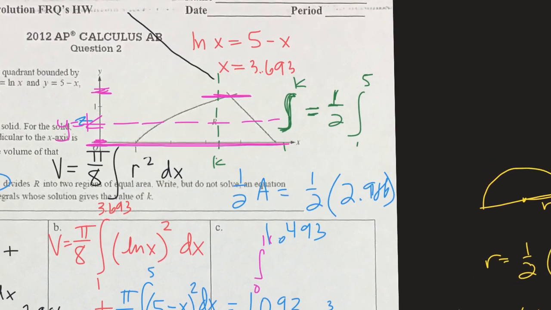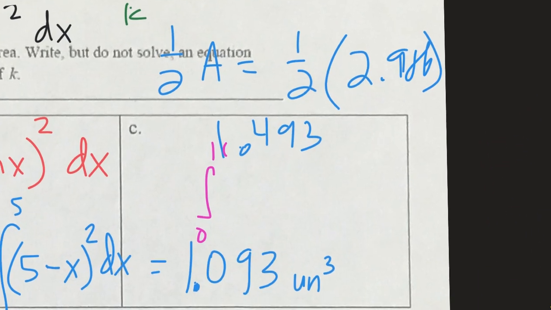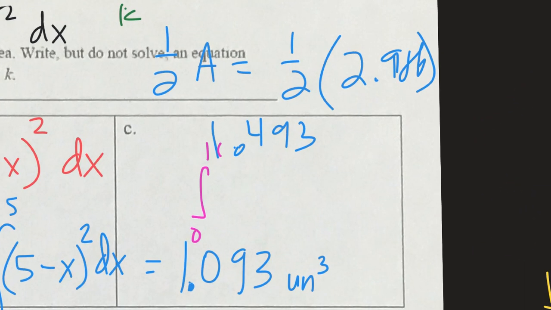And we can do that simply by subtracting 5 minus 3.693. This has a y value of 1.307. Okay, so let me erase some of this stuff. Remember 1.493.